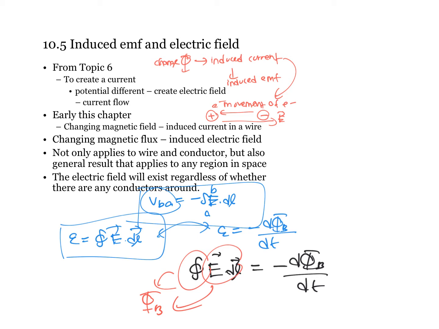I think it's better for us to proceed with an example so you can understand more about it. This is the formula you are going to use if the question states the change of the magnetic flux that induces the electric field. Let's proceed with the example.